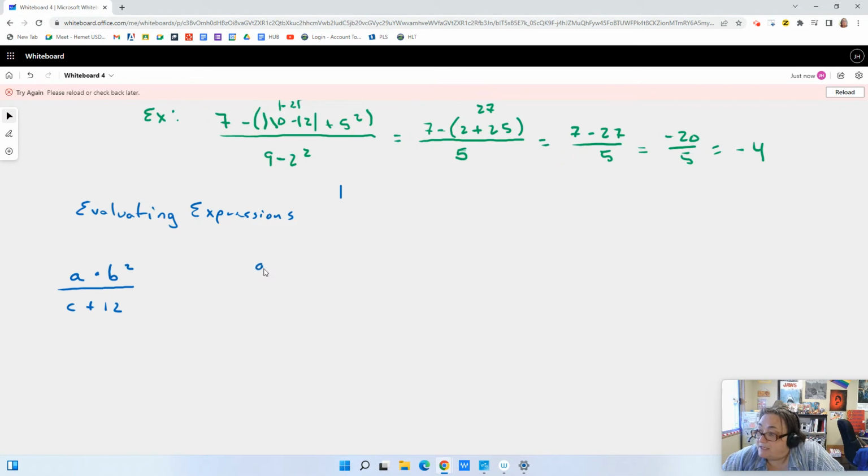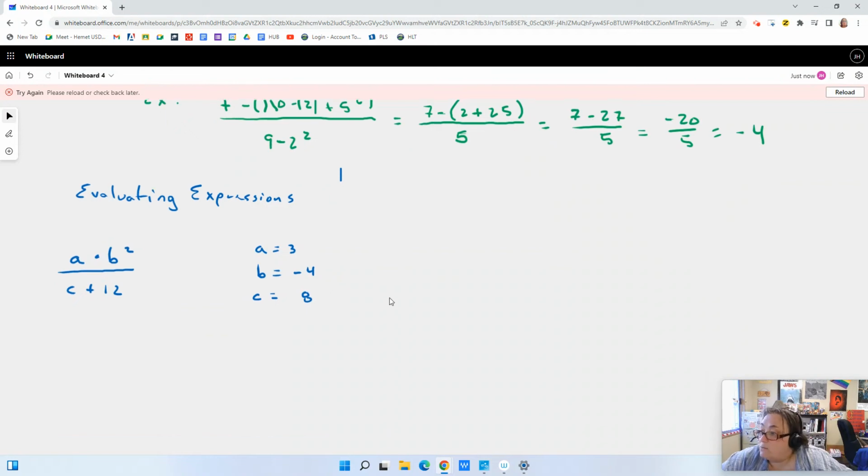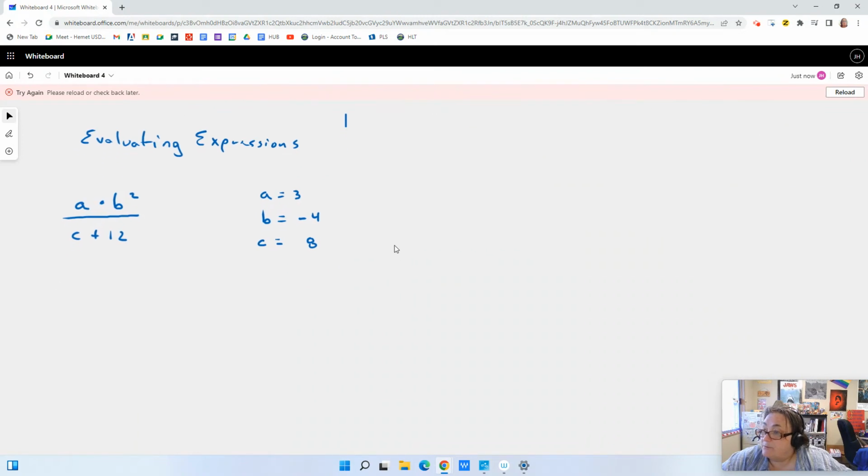But what if they tell me that a is equal to 3 and b is equal to negative 4 and c is equal to 8? If that's the case, all we have to do with this expression is plug those in where we see those variables and then solve it like any other math problem.